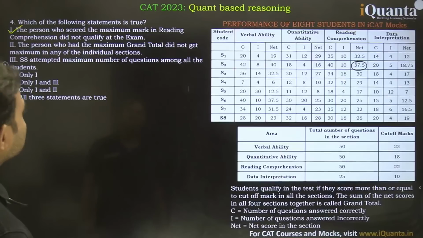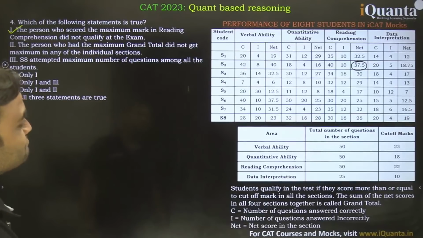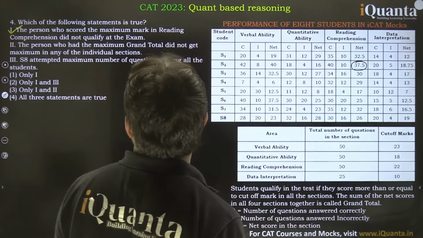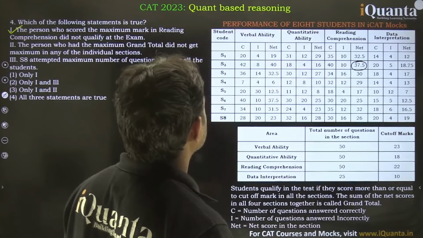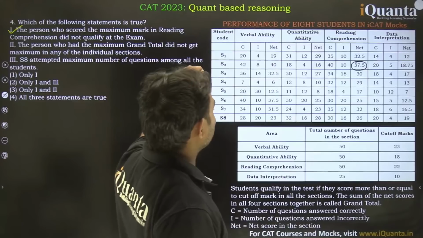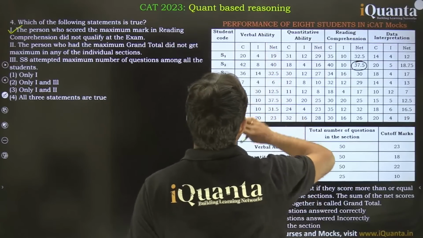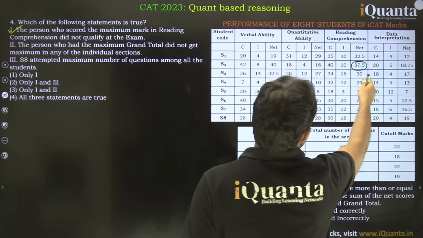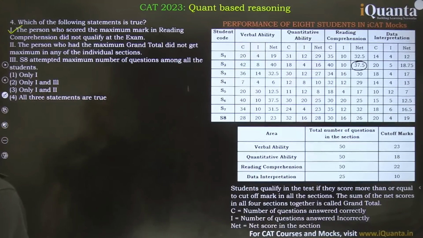The person who had the maximum grand total did not get the maximum in any individual section. Who had the maximum grand total? So definitely it's S3, right? Did he get any maximum? He did not get the maximum in VA, he did not get the maximum in QA, he did not get the maximum in RC, he did not get the maximum in DI. So the person who had the maximum grand total did not get the maximum in any of the individual sections.